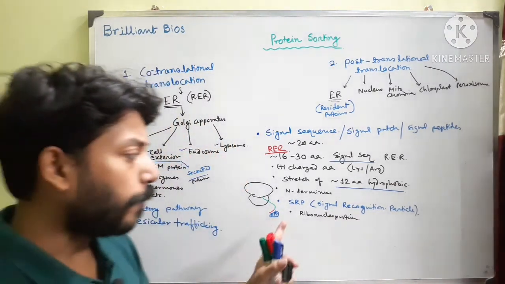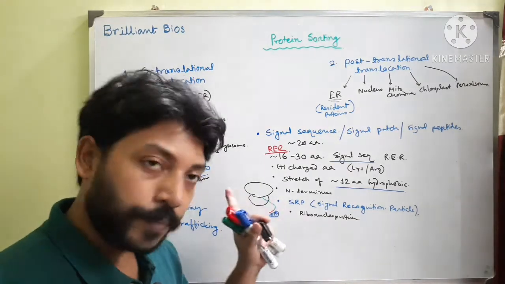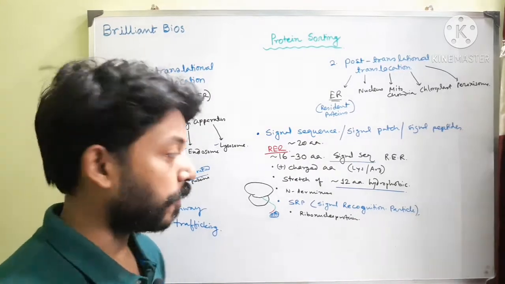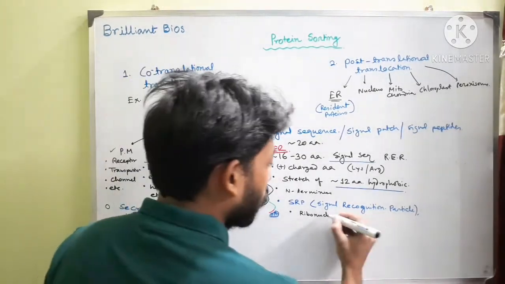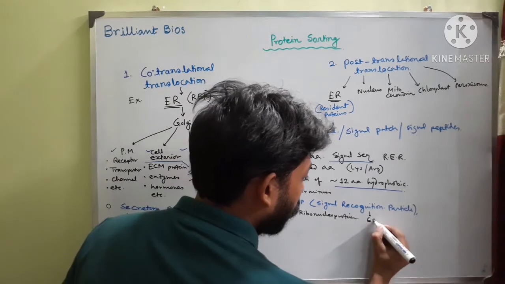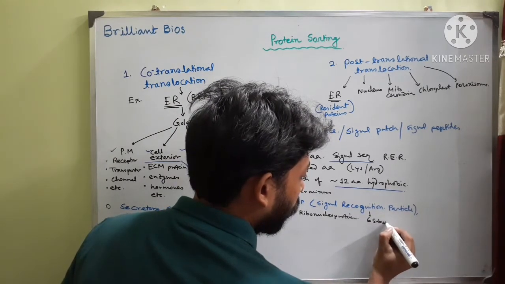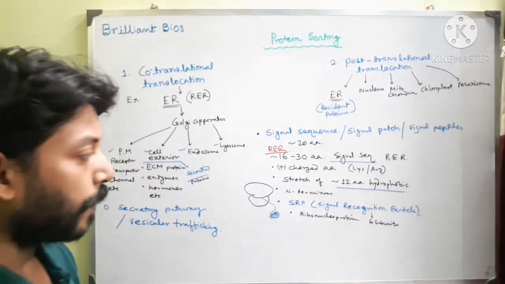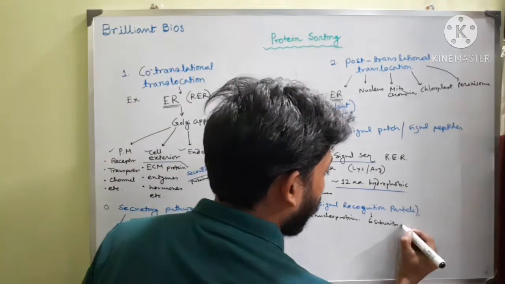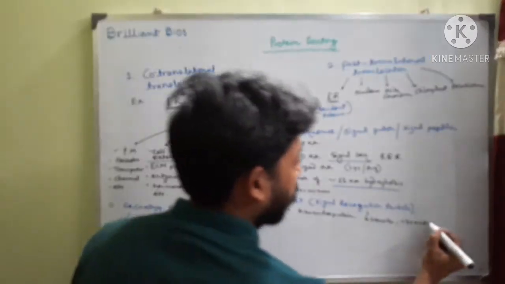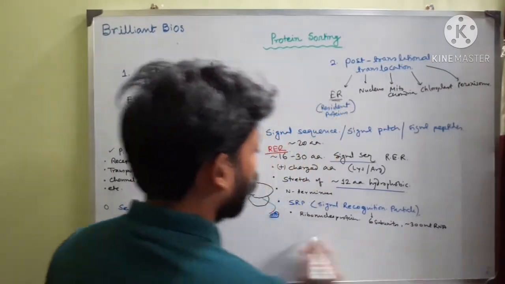Ribonucleoprotein means this molecule has protein, and also has RNA molecules. This is very interesting. So this SRP has 6 subunits of proteins, and also an RNA approximately 300 nucleotides long is present. So it is called a ribonucleoprotein.